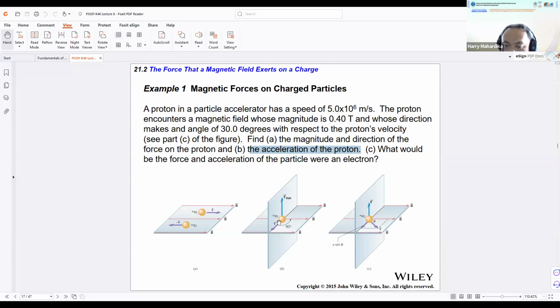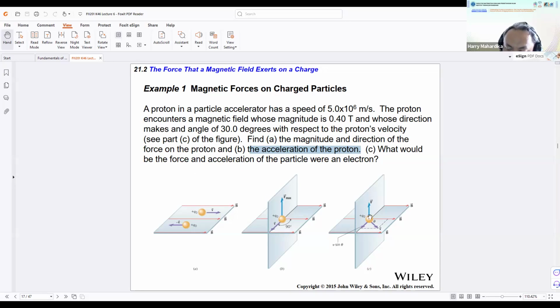When a moving particle interacts with an external magnetic field, it produces magnetic force, and the direction of the acceleration is the same as the direction of F. Since F in this case is pointing upward, the acceleration is also pointing upward.